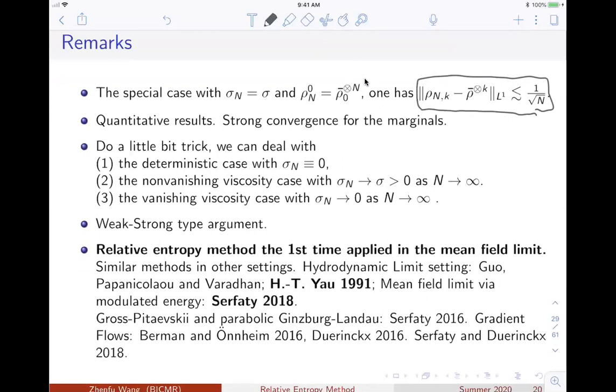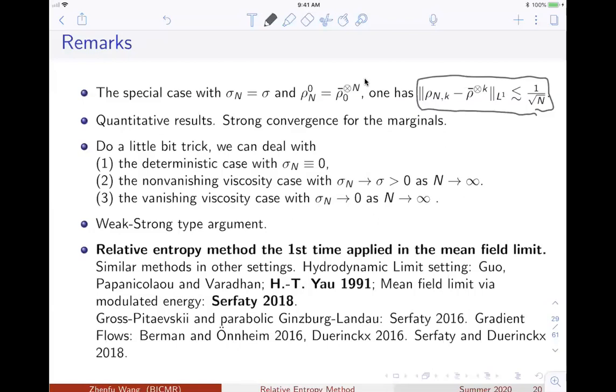In particular, you can see Hongze-Yau's paper on the hydrodynamic limit of the Ginzburg-Landau model, and Serfaty's similar works. They are similar in spirit, based on Weak-Strong type arguments and the evolution of some functional. So it is actually used in a lot of places.